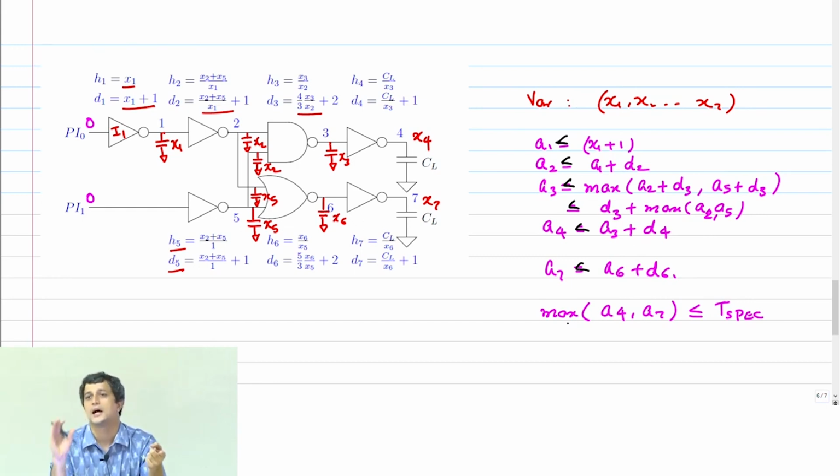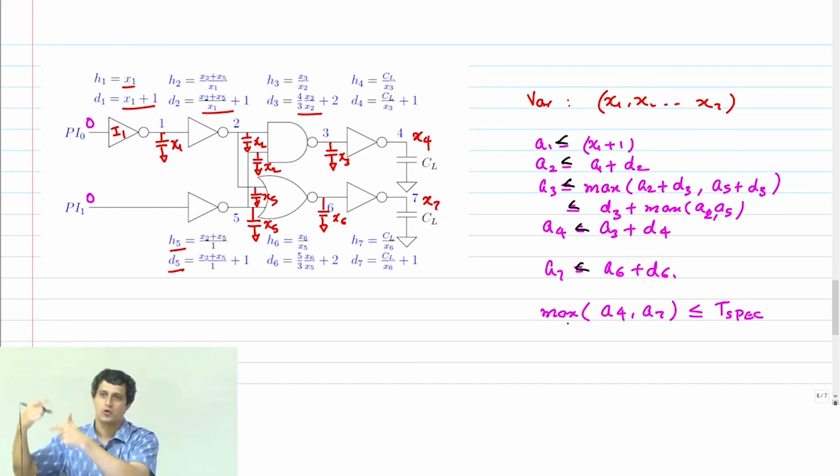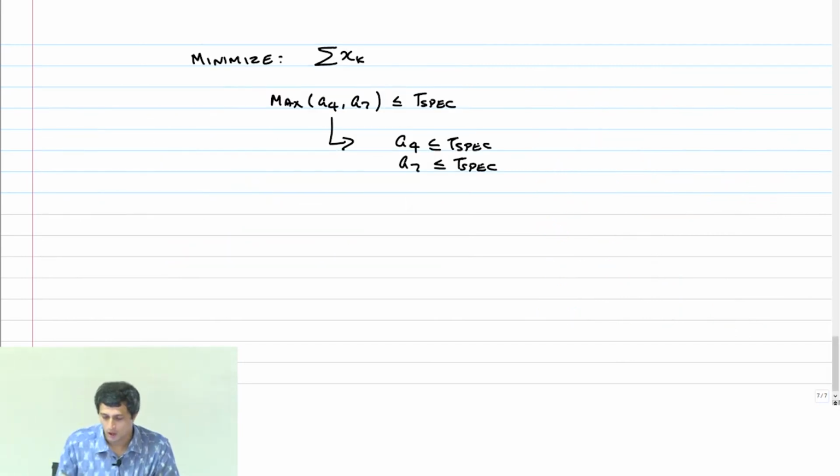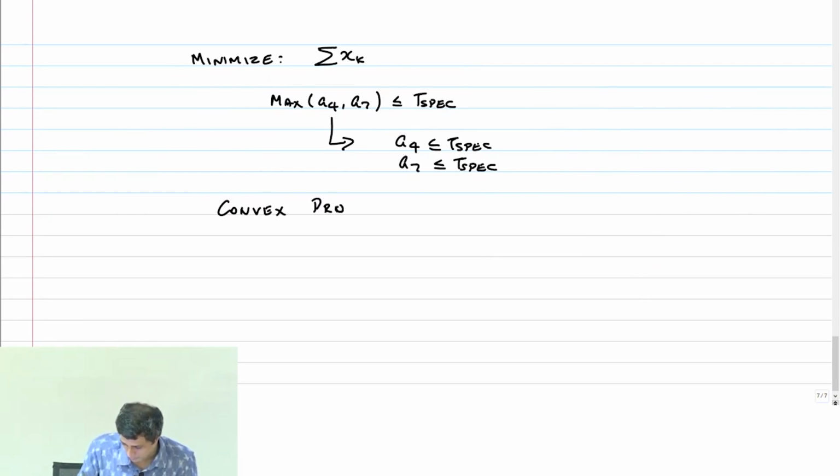This is a convex optimization problem, and this class of problems is called a geometric programming problem. Okay? So this kind of an optimization where you have x1 by x2 kind of terms, it turns out it's a convex problem.